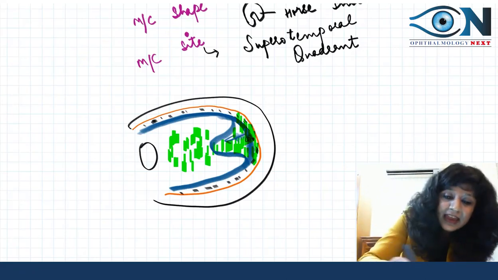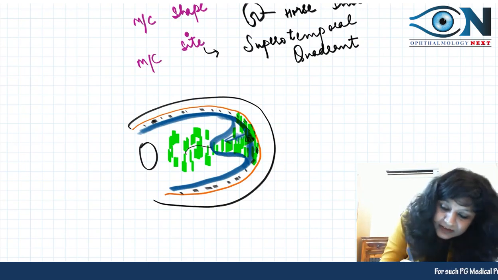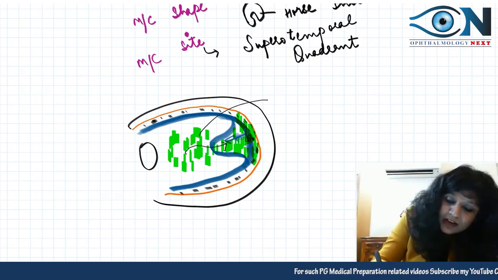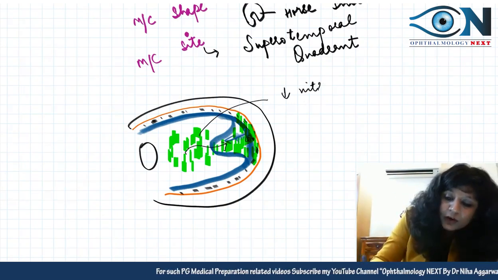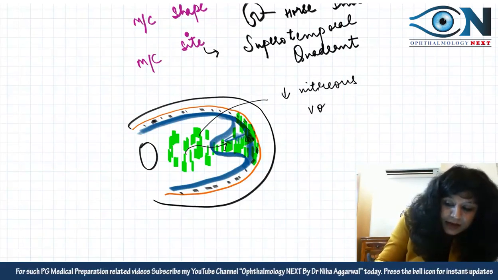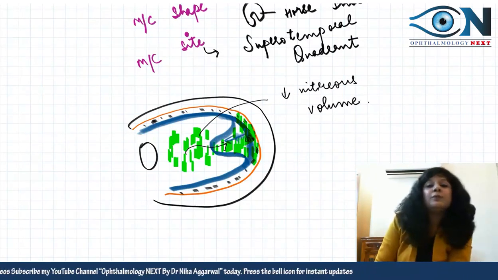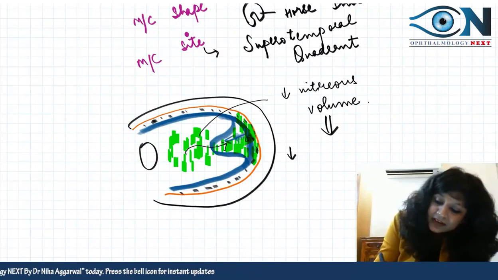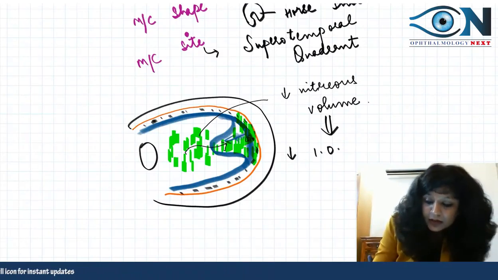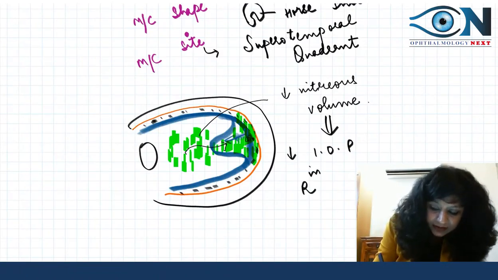Now if I say that the fluid from this vitreous is going here, so here we will have decreased vitreous volume. Obviously we can have decreased vitreous volume, and this explains the decreased intraocular pressure in the retinal detachment.